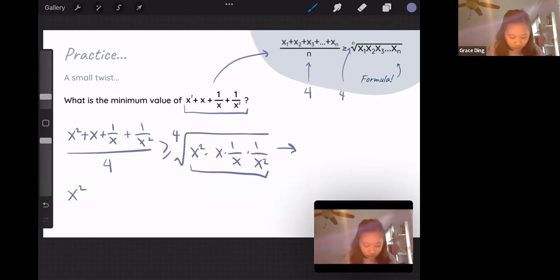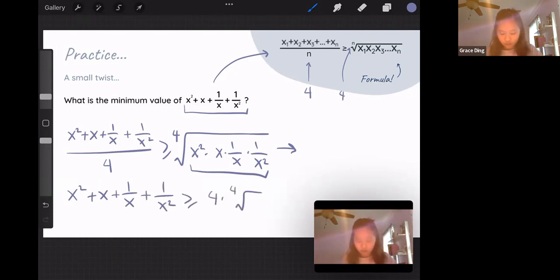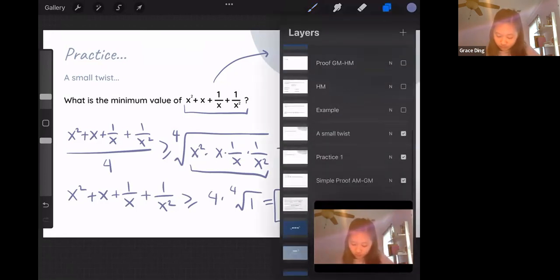So we have x squared plus x plus 1 over x plus 1 over x squared is going to be more than or equal to 4 times the 4th root of 1, which is just equal to 1. So the answer is 4. And if you put x as 1, then you still get the minimum value.